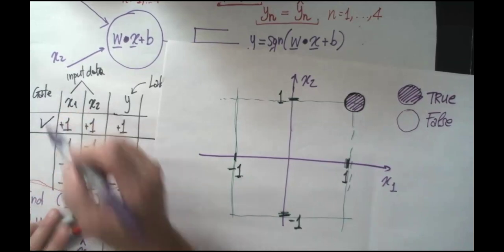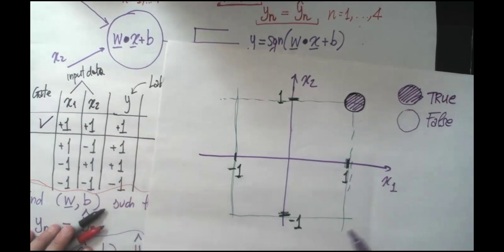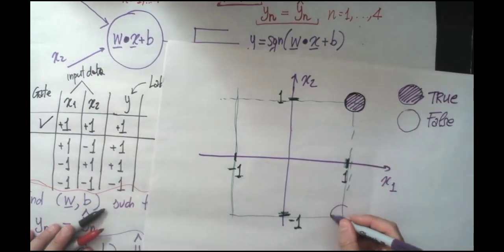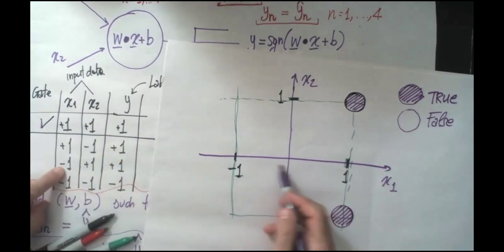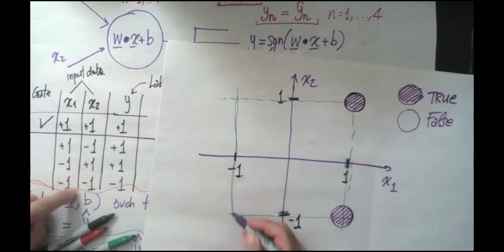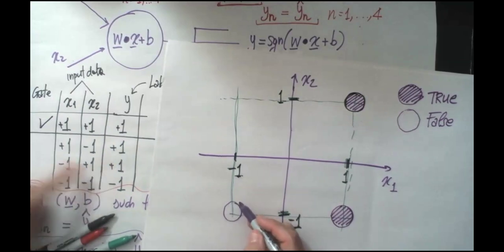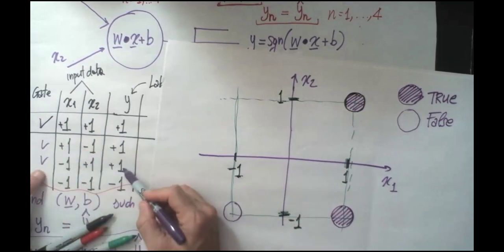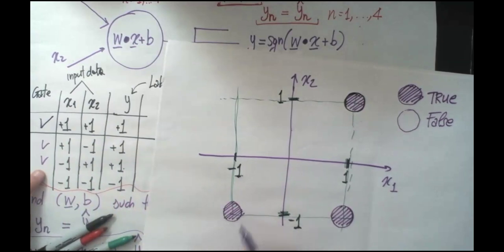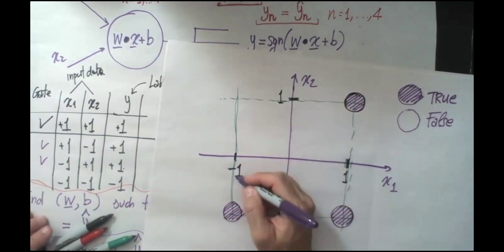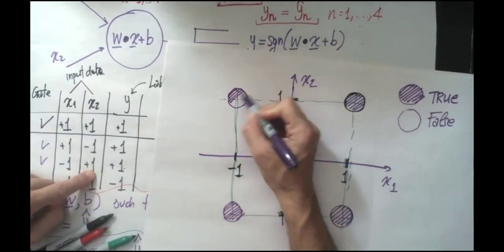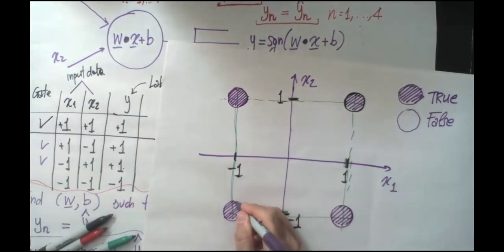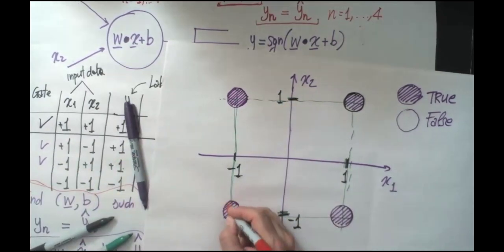So we are done with this. Then we have +1 and -1, which is down here. And this is also true as an output. Then we have -1 and 1 here. And this is also true. Oh, no, sorry, -1 and 1 is this. And -1 and -1 is this.